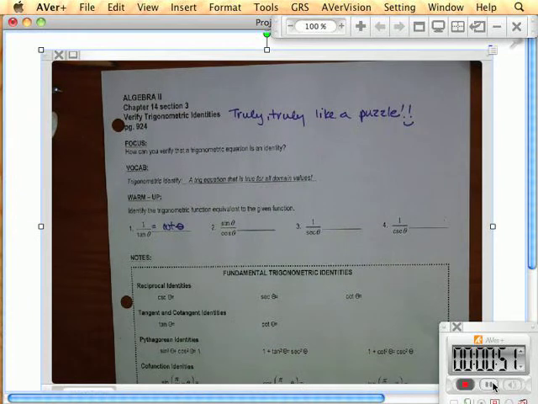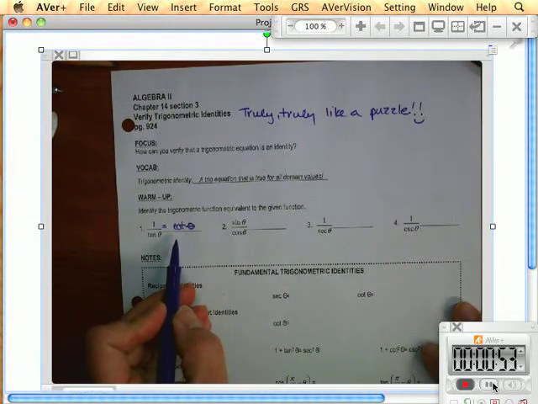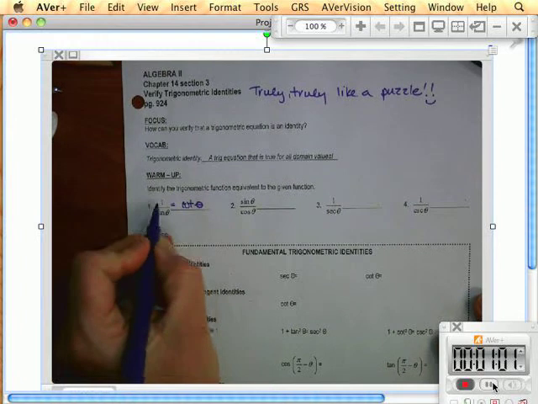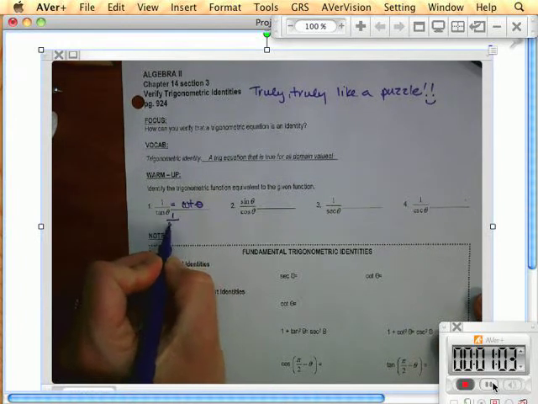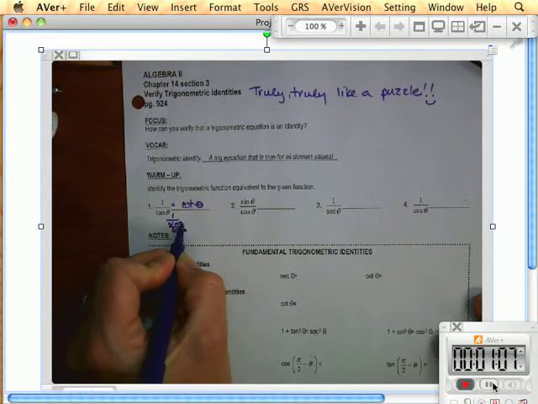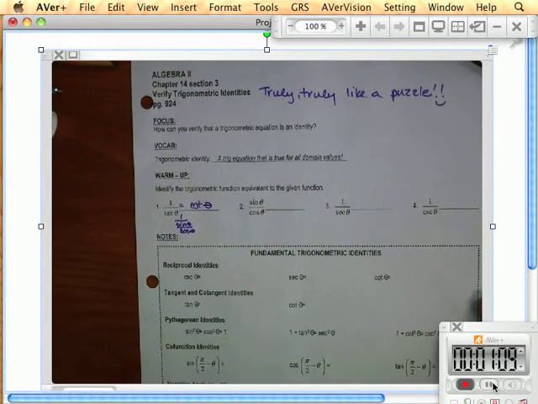Show you why this is true. You guys, tangent is the same as sine over cosine, correct? So if I were to write this like this, sine of theta over cosine of theta, this is tangent, sine over cosine.